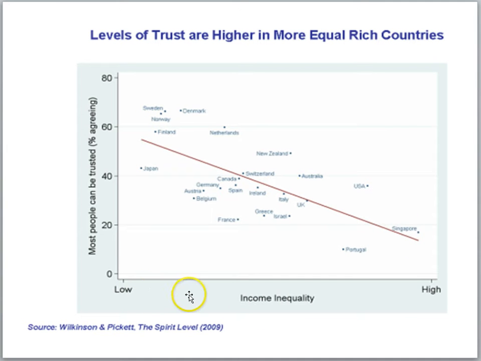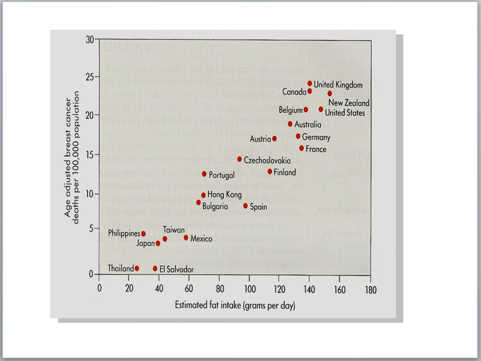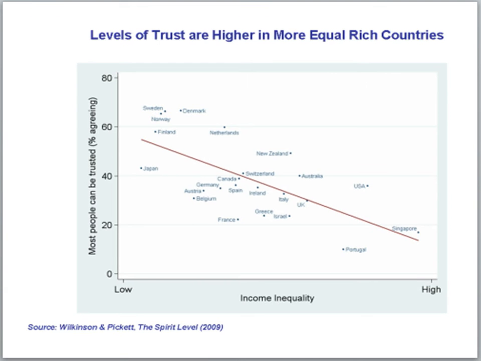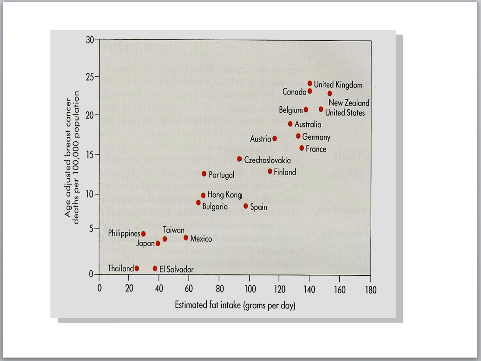Notice what I did. I go over here with my finger. As income inequality increases, then I hop up to where the data starts, except now it starts high, and I go down the trend line while reading what this factor means here. So as income inequality increases, trust decreases. But again, in both of these cases, we see correlations, but it doesn't tell us what's causing what. In the case of cancer, it could be fat is causing the cancer, right?